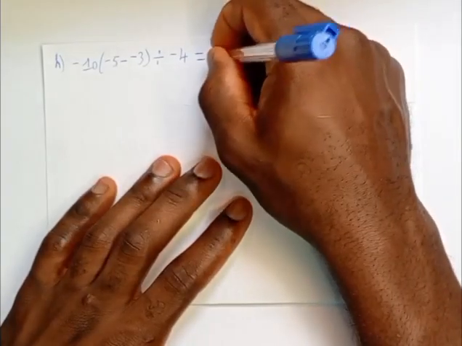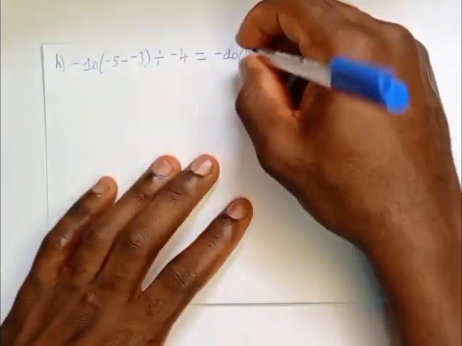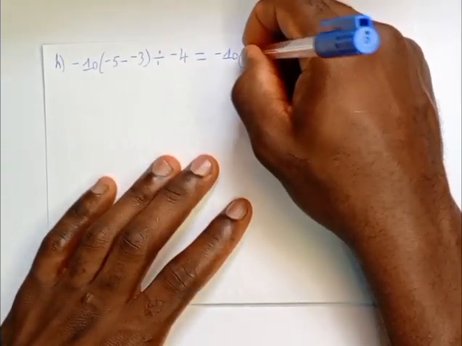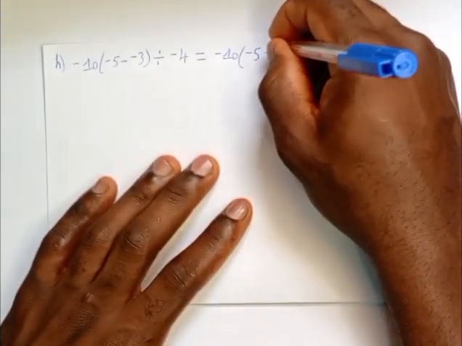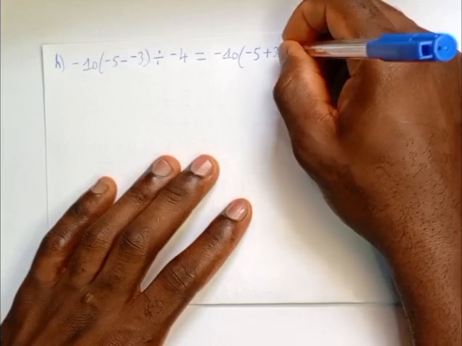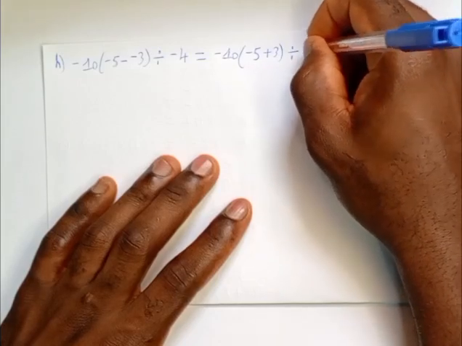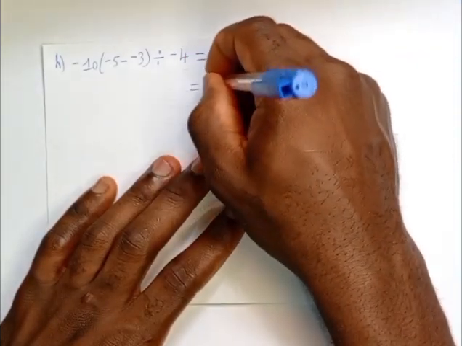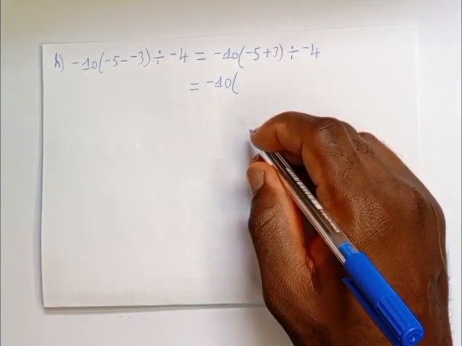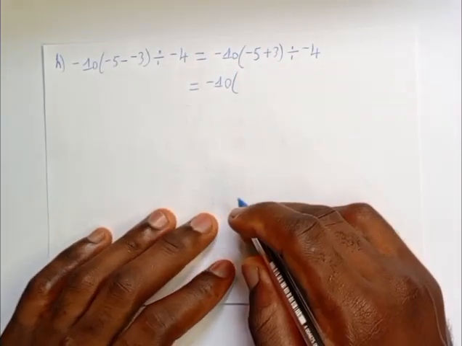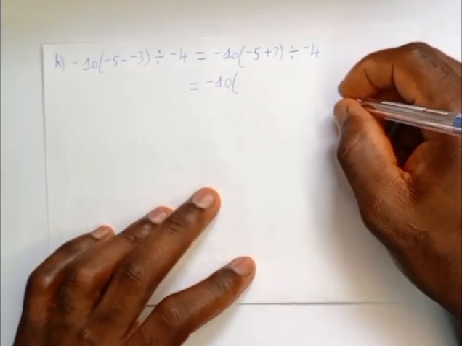This will simply be equal to negative 10 times negative 5. Negative negative is positive. Negative 5 plus 3 divided by negative 4.